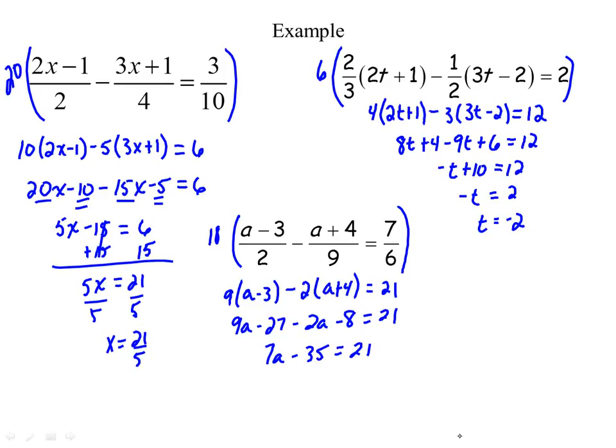So if we add 35 to both sides, we're going to have 7a is equal to 21 and 35 is going to be what, 66? No, 56. And then if we divide both sides by 7, you came up with a is equal to what? Very good.